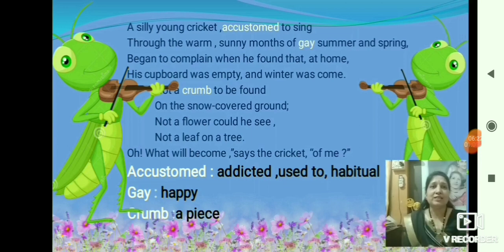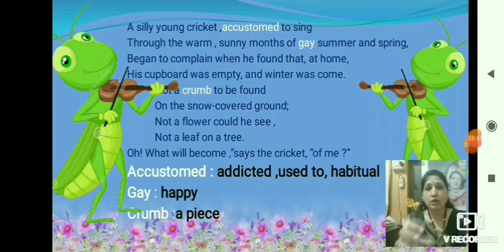In these seasons, summer and spring, this cricket is simply playing violin and wasting his time singing and dancing. But in that season, what are the ants doing? They are hardworking, they are carrying food and they are thinking about their future. But the cricket, not.